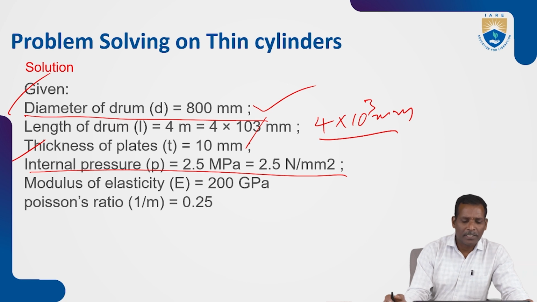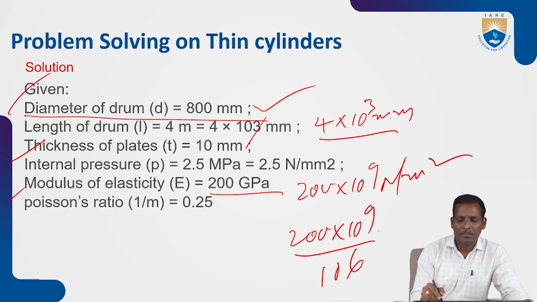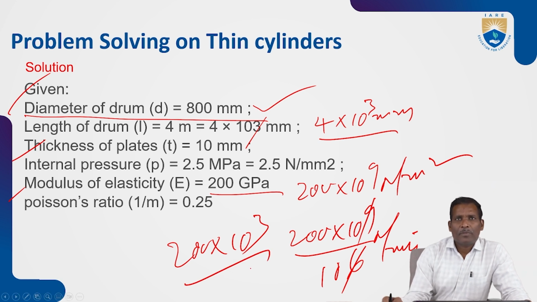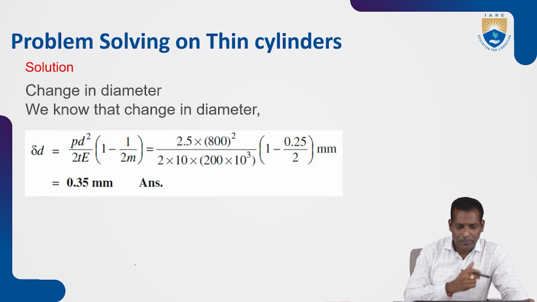The modulus of elasticity E is 200 gigapascal, converted into Newton per mm square: 200 multiplied by 10 to the power 9 Pascal, converted into Newton per meter square and then into mm by 10 to the power 6, so you get 200 into 10 cube Newton per mm square. The Poisson's ratio is given as 1 by m, which you can also write as mu, 0.25.